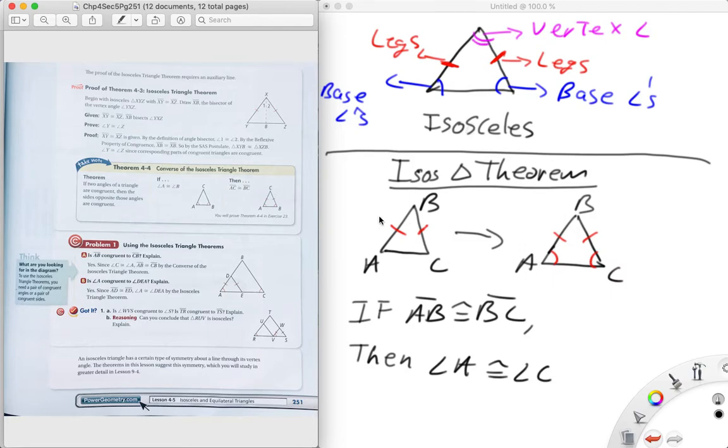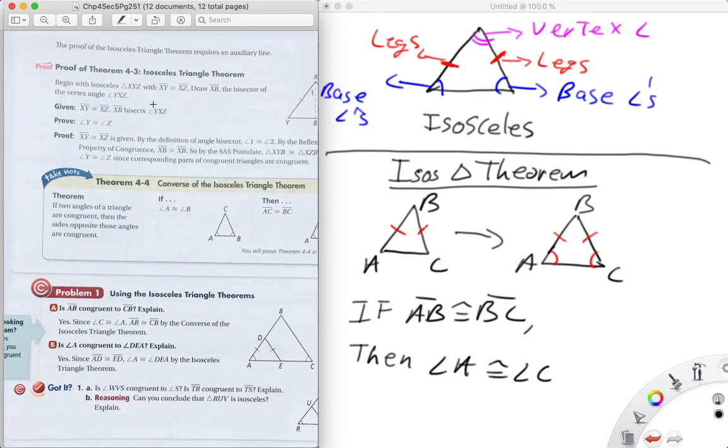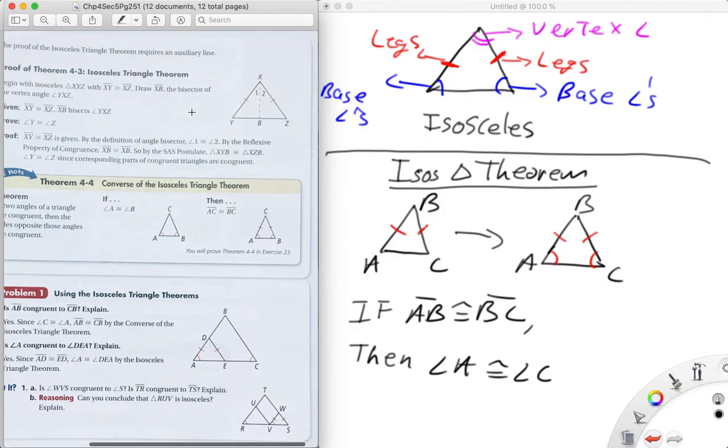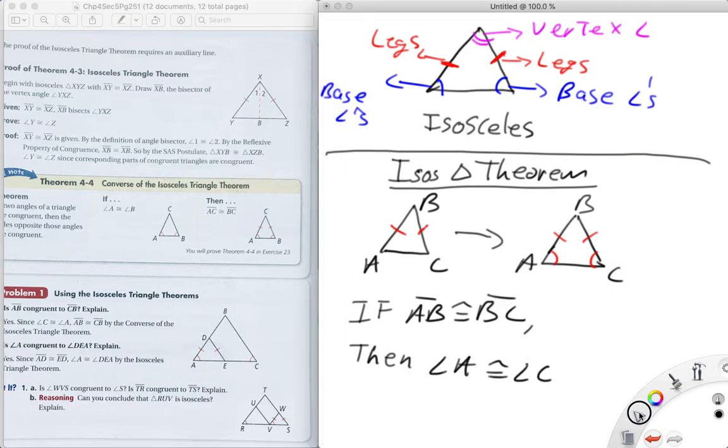Here's the proof of the isosceles triangle theorem.